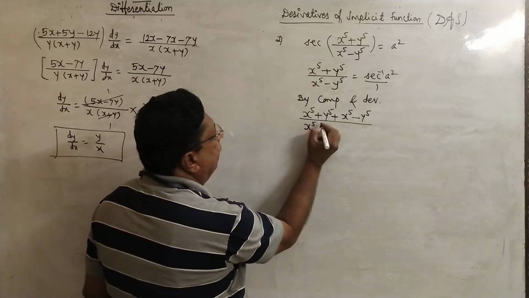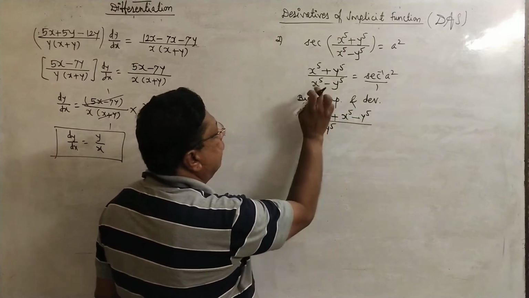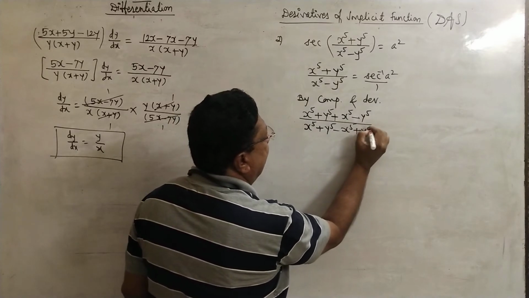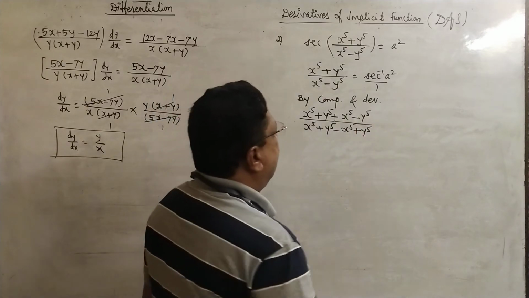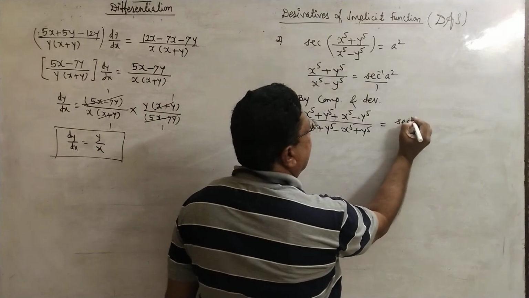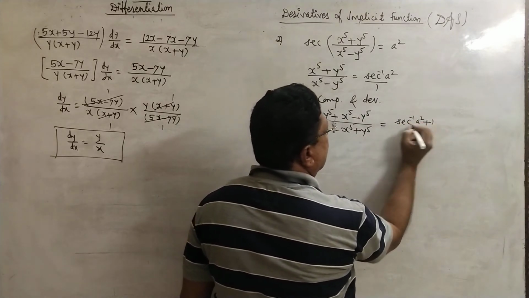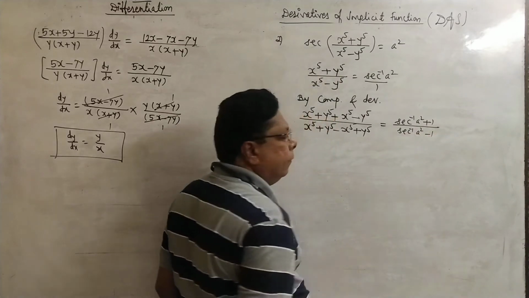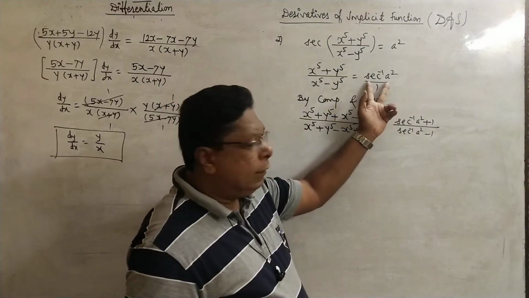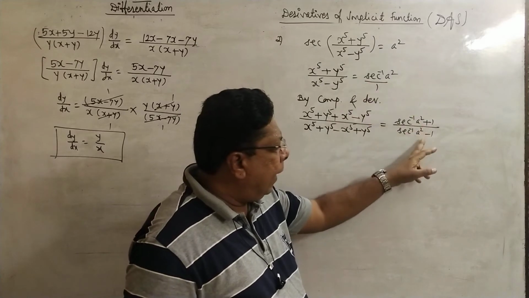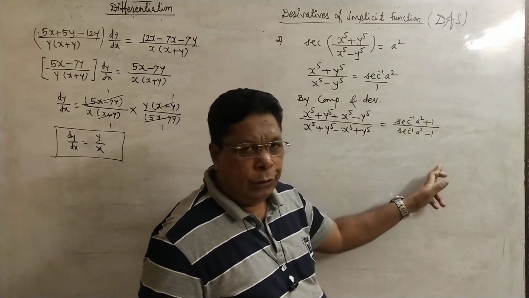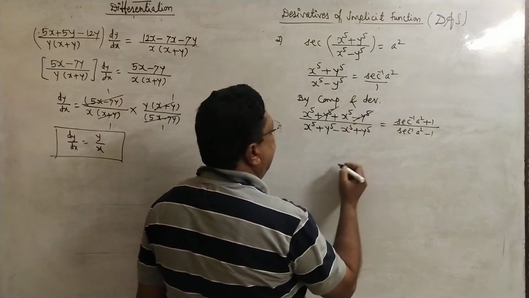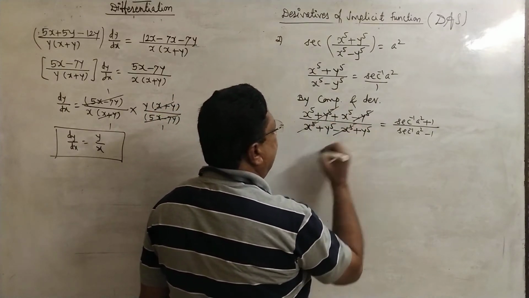X raised to 5 plus y raised to 5. Subtract the denominator, minus x raised to 5 plus y raised to 5, is equal to sec inverse a square plus 1 upon sec inverse a square minus 1. This term is constant, therefore adding and subtracting, the whole term is constant. Now here y raised to 5 gets cancelled, here x raised to 5 gets cancelled.